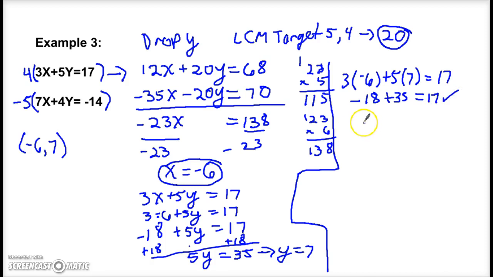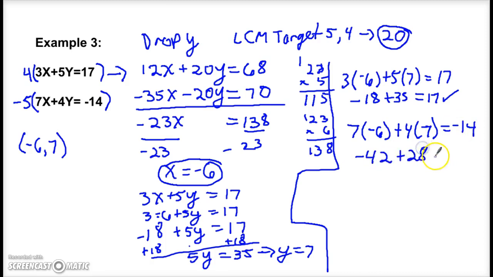Yes, that's correct. And in the second one, I have 7 times -6 plus 4 times 7 for y should equal -14. So this is -42 plus 28 equals -14, and that's also true. So yes, indeed, my answer is -6, 7.